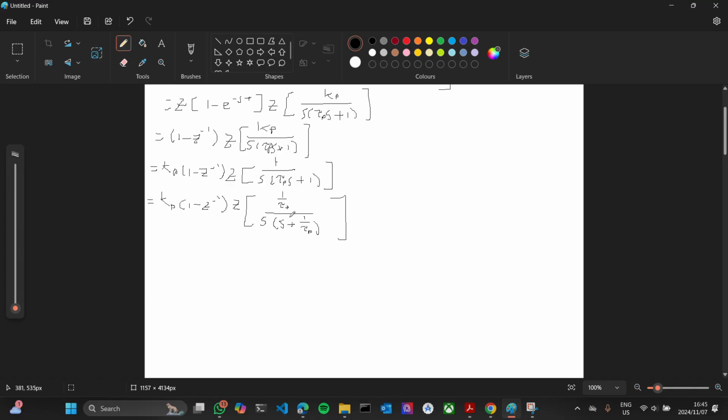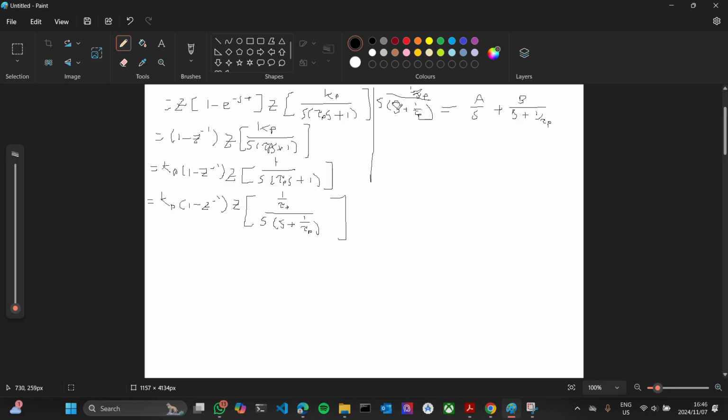So we're going to consider this in isolation now, and I'll run it over here. (1 over tau p) over s times (s plus 1 over tau p) is going to be equal to A over s plus B over (s plus 1 over tau p).